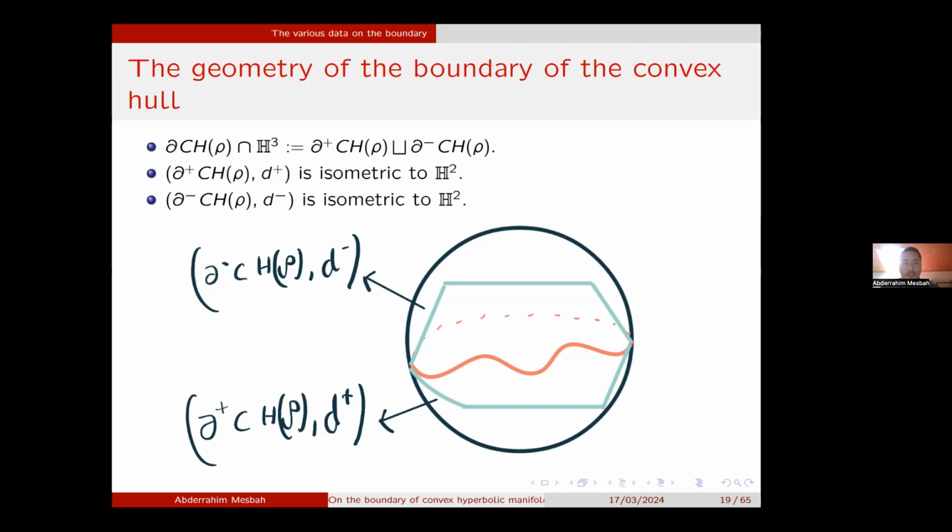But the hyperbolic metric of H3 induces a path metric on that boundary, and it happens that the boundary of the convex hull with this path metric is isometric to the hyperbolic plane H2.